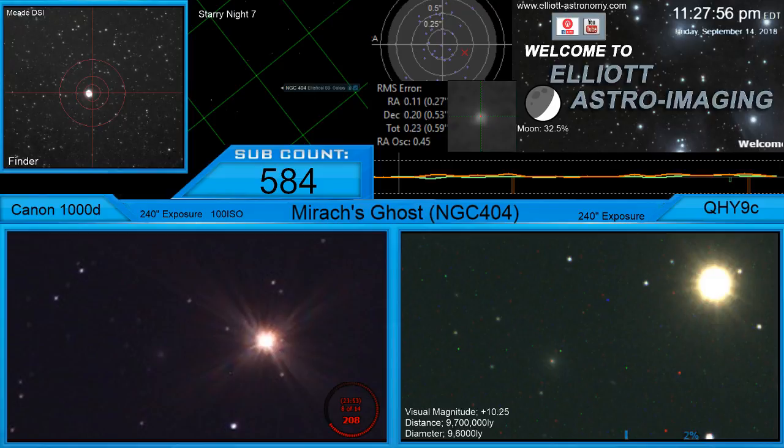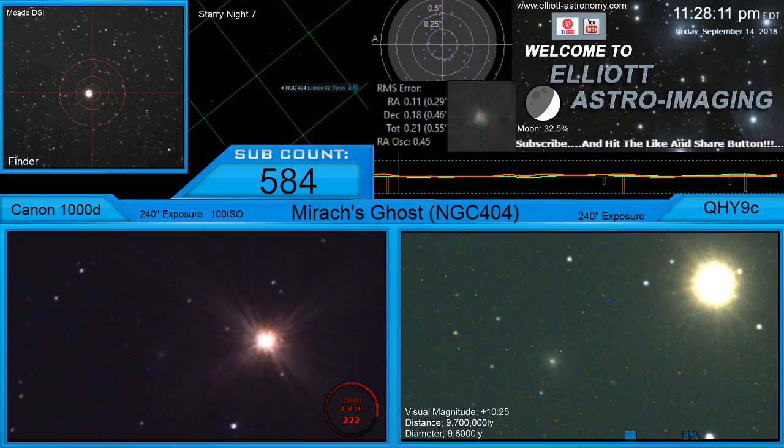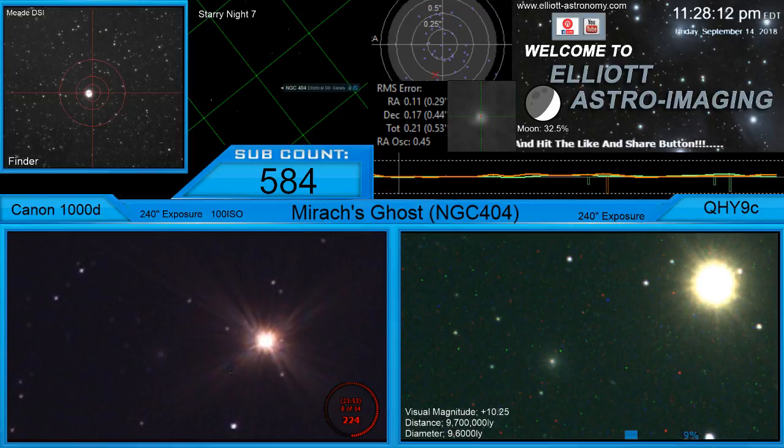That galaxy's turning out really good. That's really cool. I can zoom in on it. That is really cool.